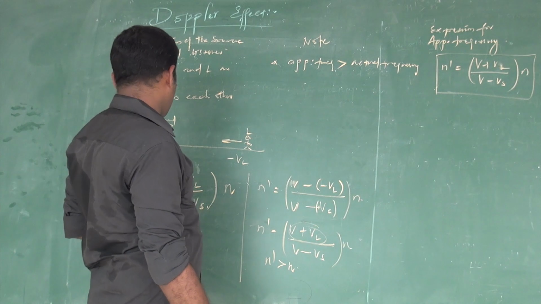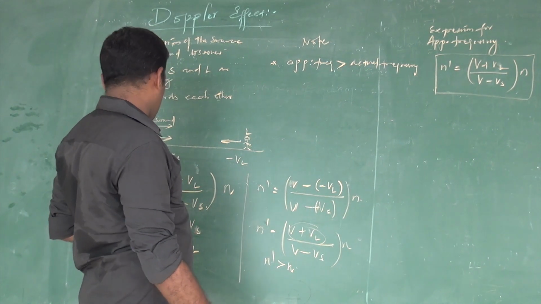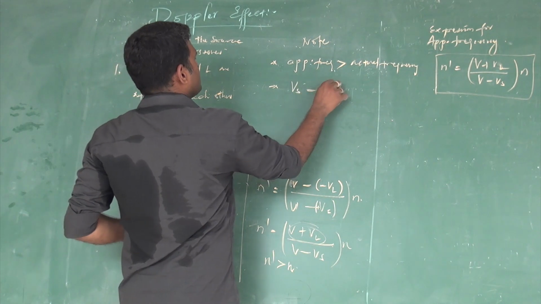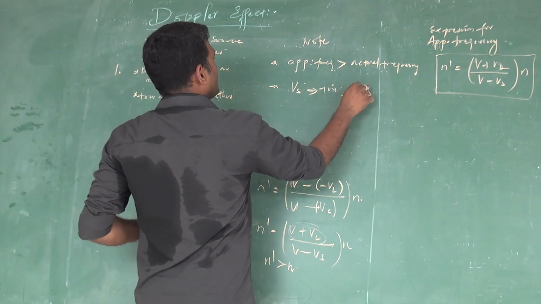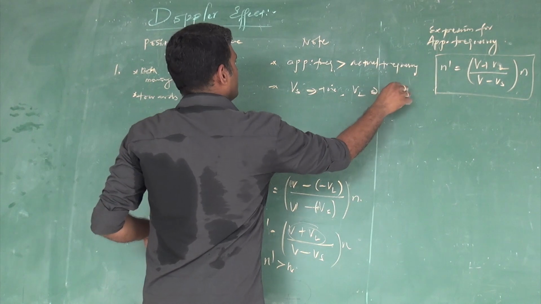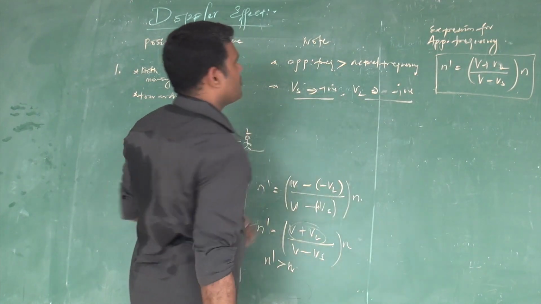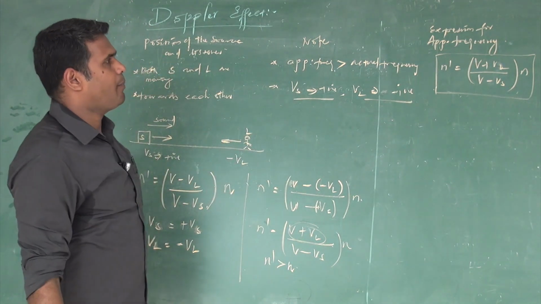Velocity of sound is positive, and the velocity of the listener is negative. When you apply the sign convention, you will get the expression for the apparent frequency.